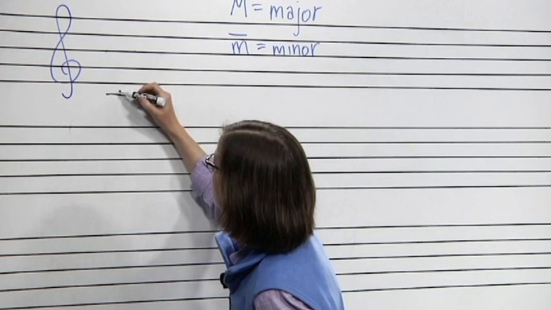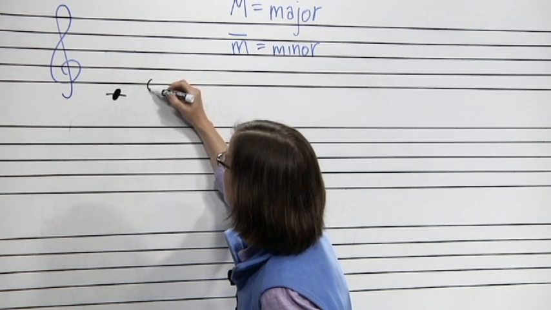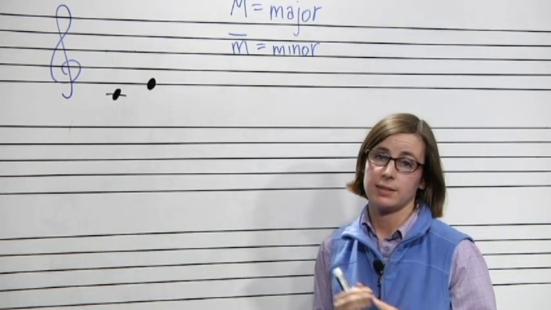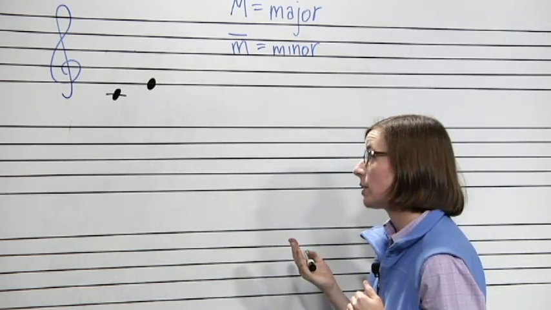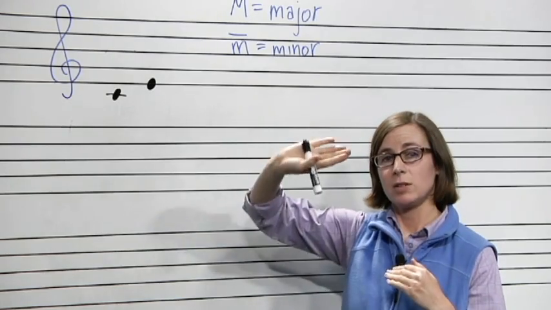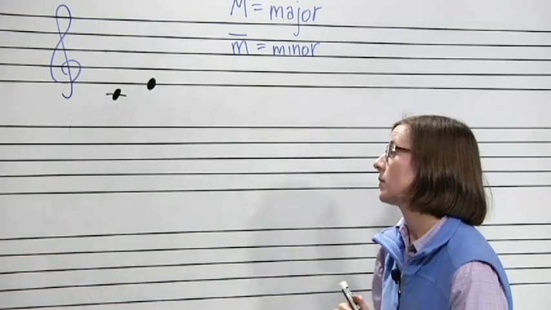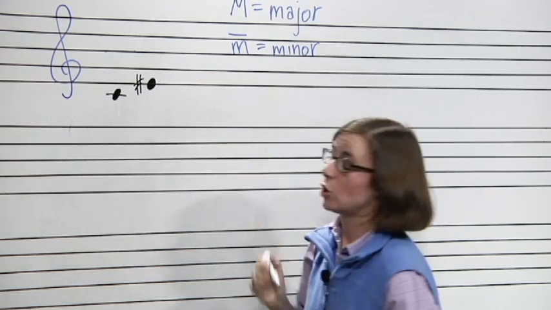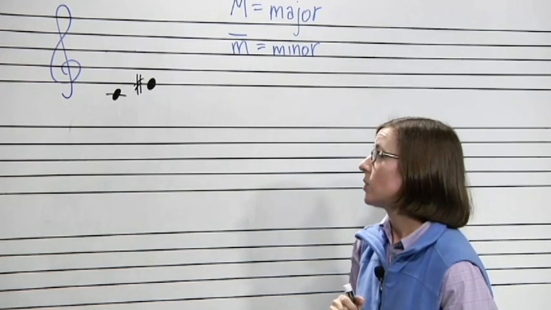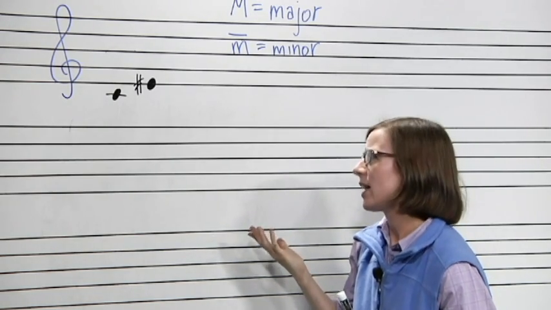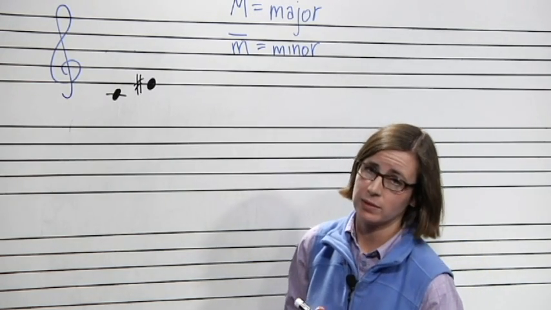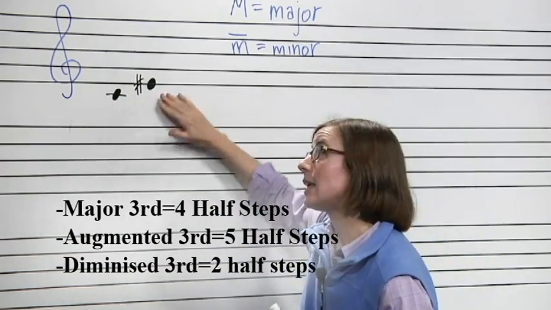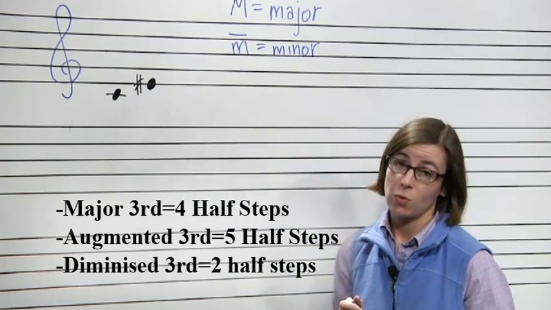Going back to this major third, what happens if we have that same C to E, those same two letter names, and we add a little bit of expansion in there? We could do that, for example, by sharpening the E. We know that C to E, plain old E, is going to be 4 half steps.